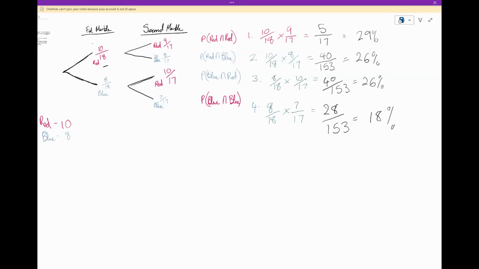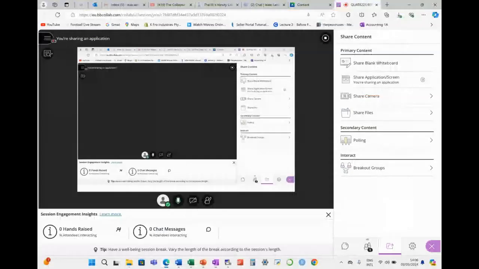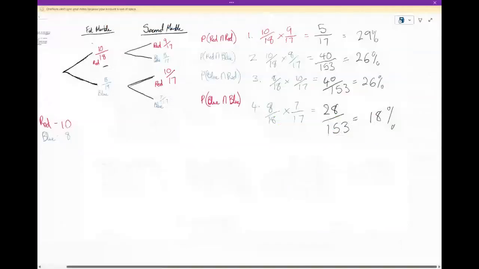Now, the second question that they have there, they say, what is the probability that both marbles selected will be the same color? Give your final answer as a percentage to 2 decimal places. So where do we have a situation where the colors are the same?